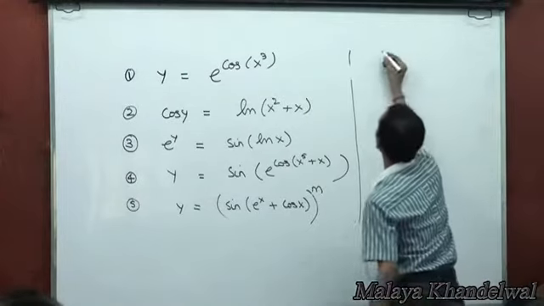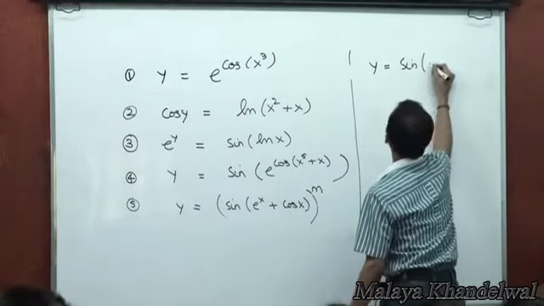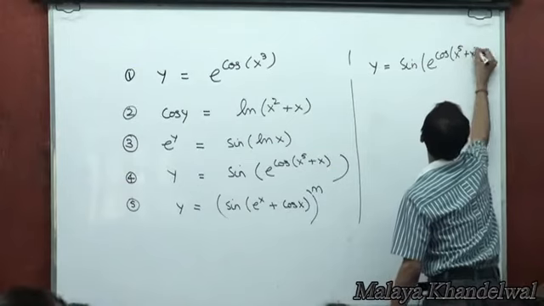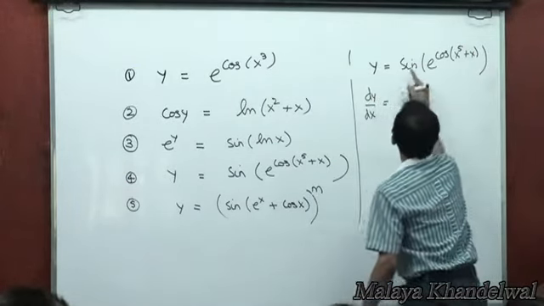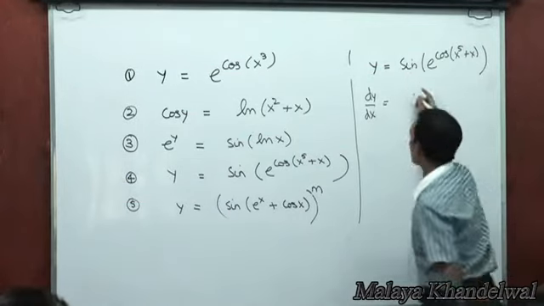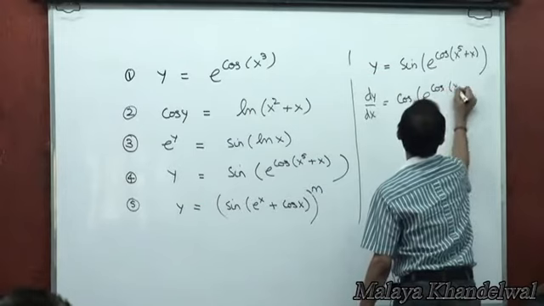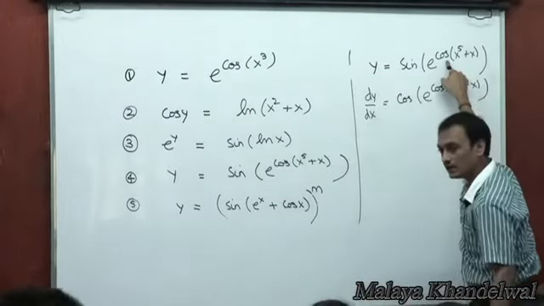And then the fourth one. Y is sine of e power cos of x power 5 plus x. So dy dx, sine is going to give me cos. E power will give me e power.